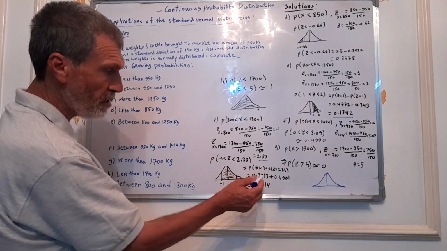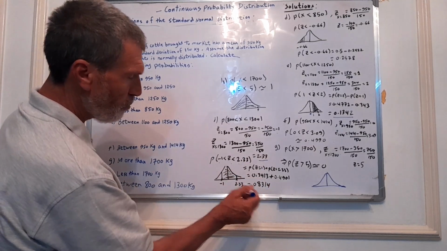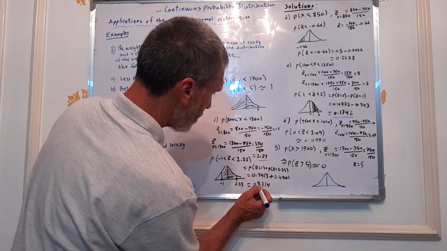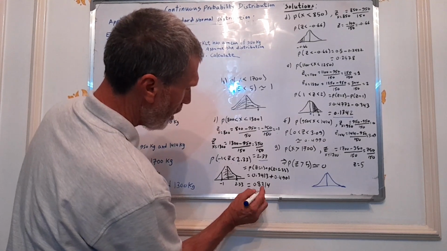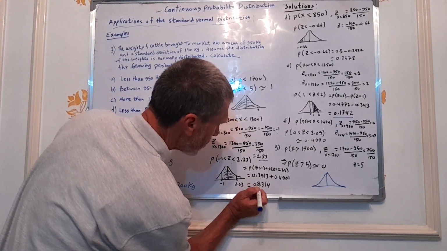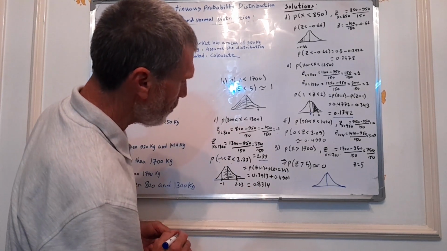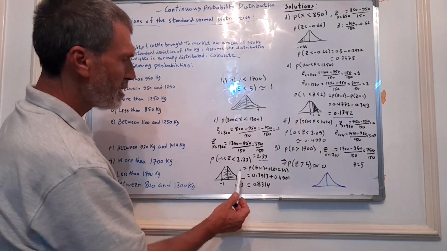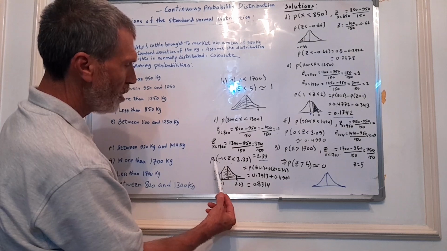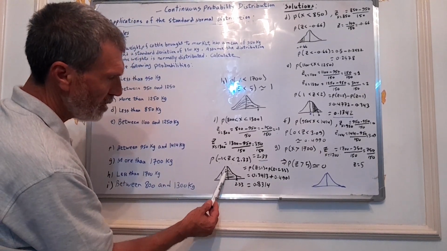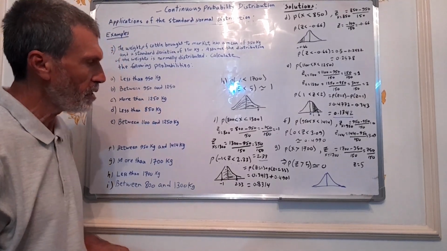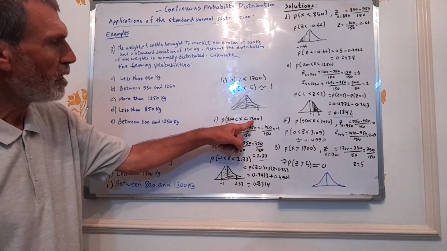We add them together, and we come up with 0.8314, which is the sum of the probabilities of Z equal 1 and Z equal 2.33, and this is the area between them, which is the probability of X between 800 and 1300.